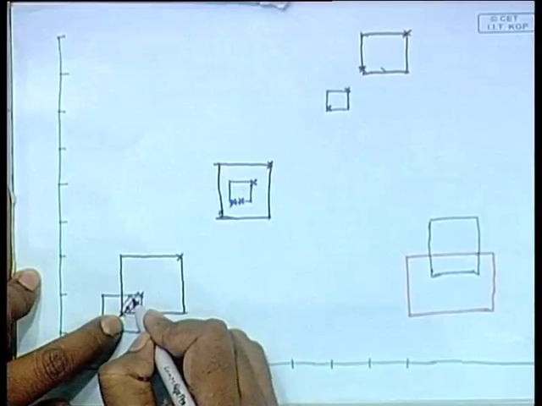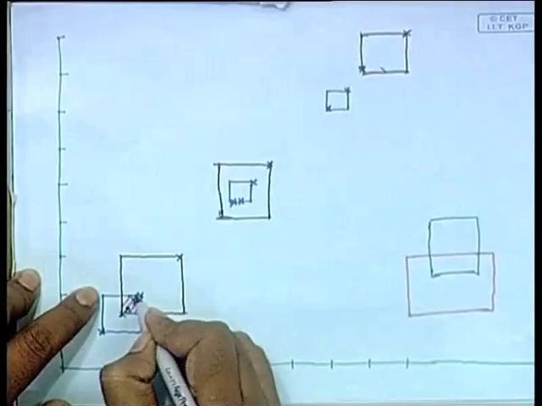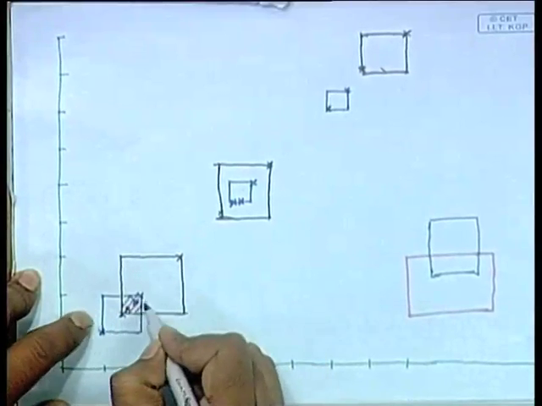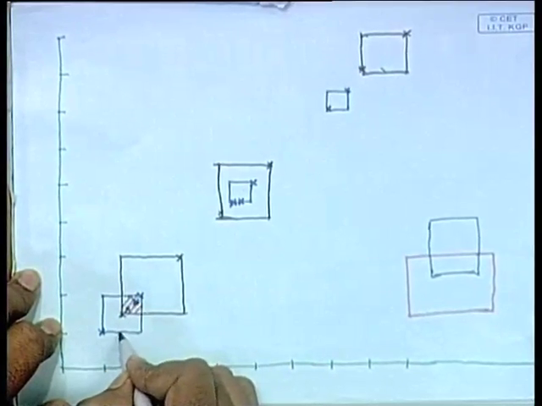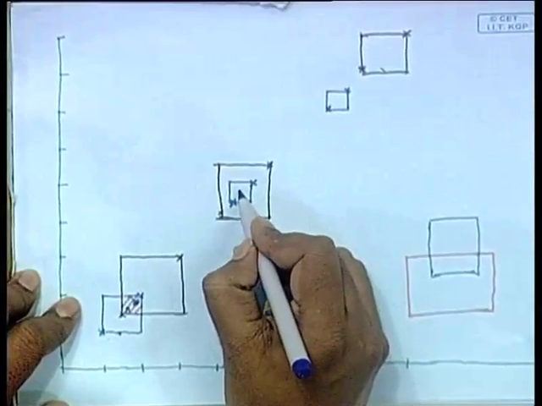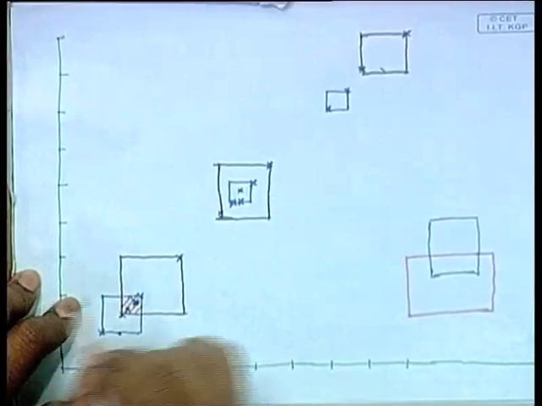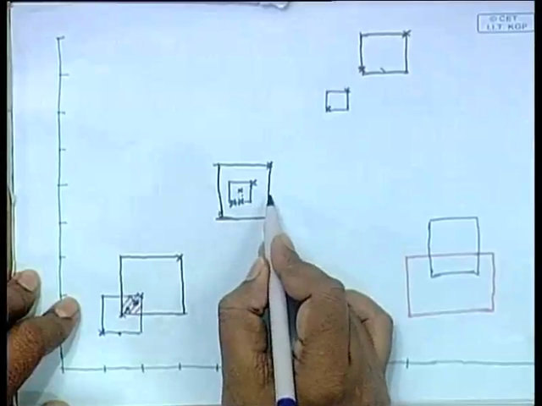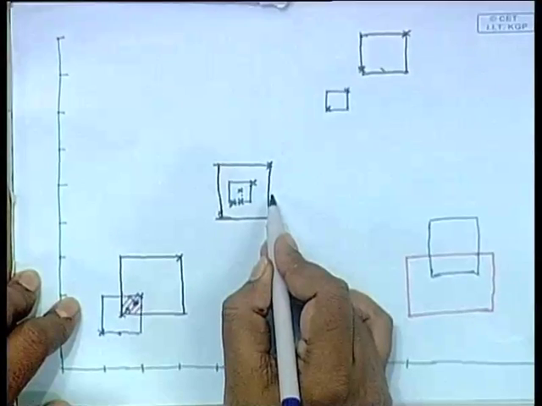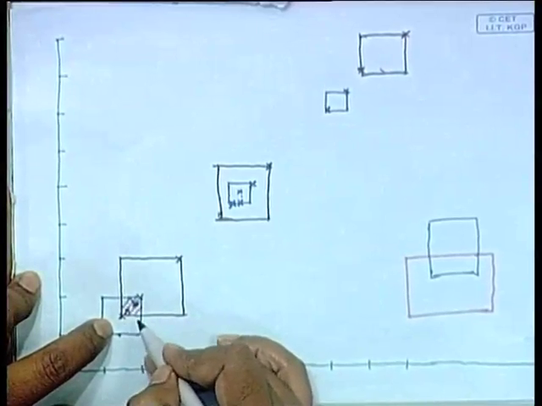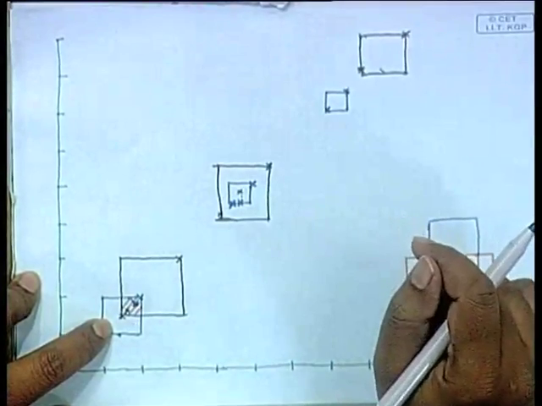Similarly, if the point is somewhere over here, which is nearer to the min point and max point of this class than the min point and max point of this class, then the membership function of this point to this class has to be more. Okay. Similarly, in case of containment, if the point belongs inside, then its membership to this contained class has to be 1, and its membership to the container class has to be 0. So, the compensation that has to be computed in case of overlap and the compensation that has to be computed in case of containment are different.